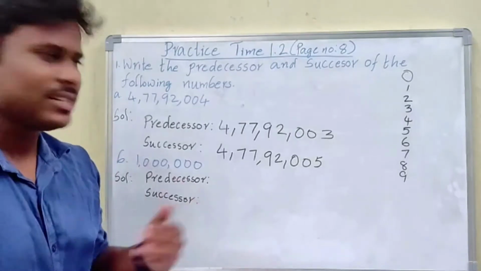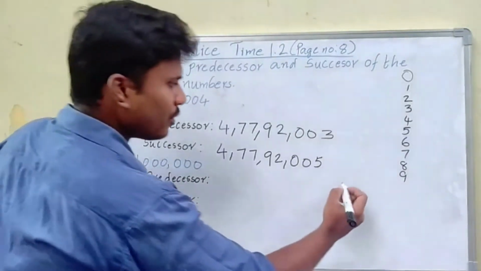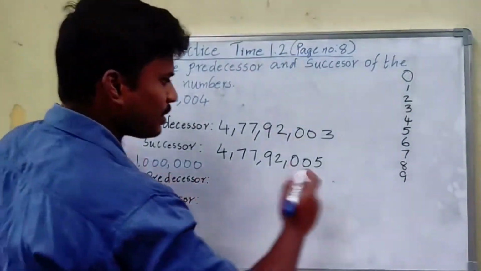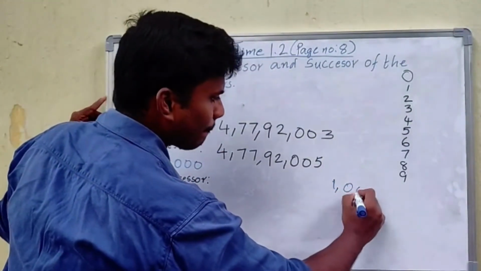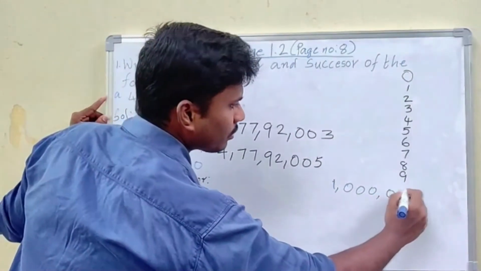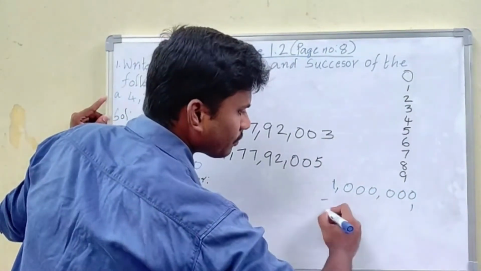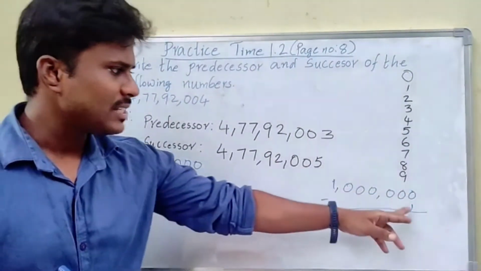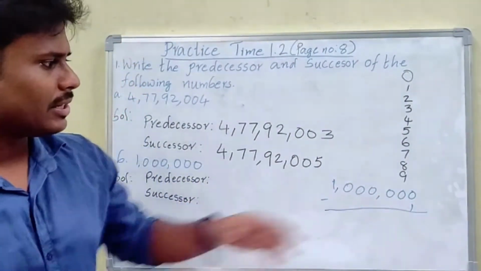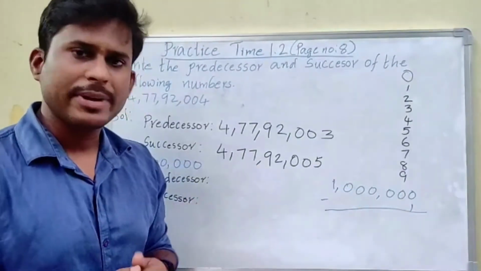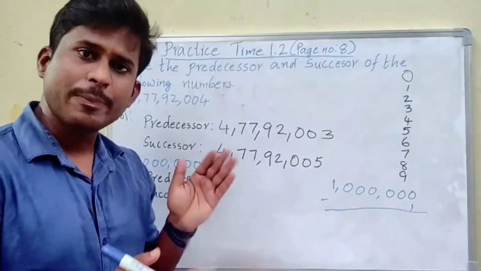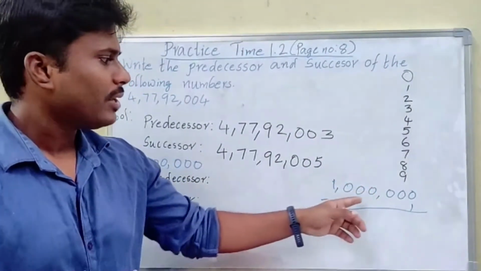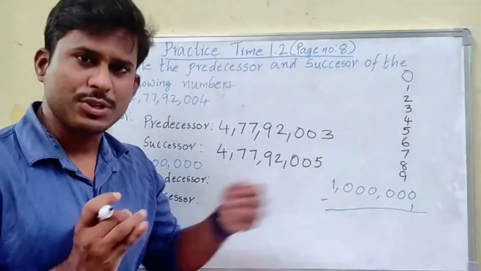Predecessor means what? Minus 1. So we shall subtract 1 here. See, I am taking 1 million here, and minus 1. Okay, so as we do not have any number here, means 0, from 0 we cannot subtract 1. If you want to regroup from the previous place also we have 0. If you look up to here, up to 100,000 places we have zeros only.